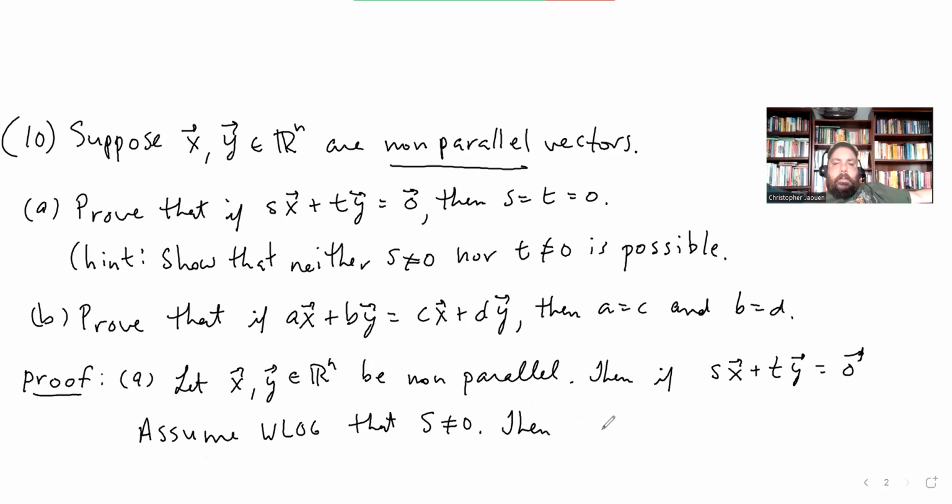Right, then we can take Sx and bring the Ty over to the other side, and we can divide by S since it's not 0.